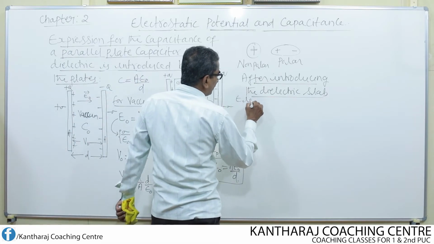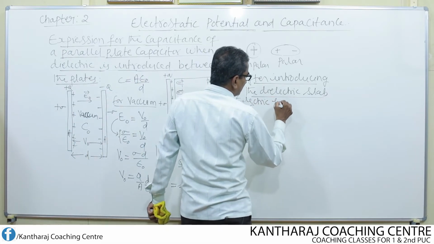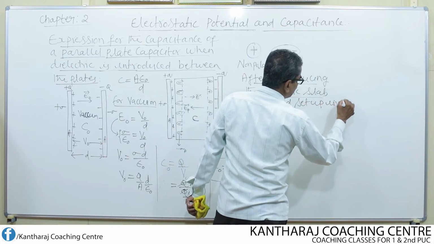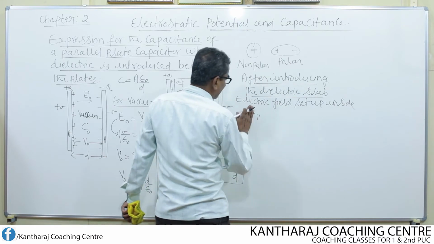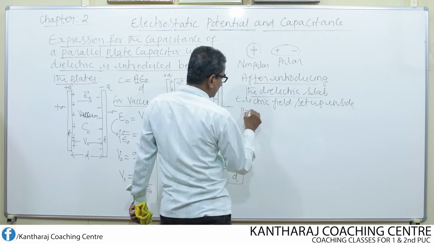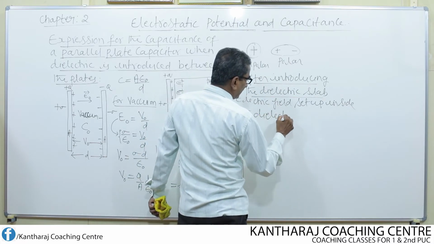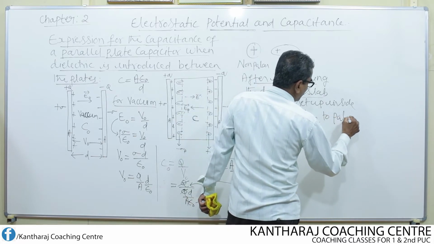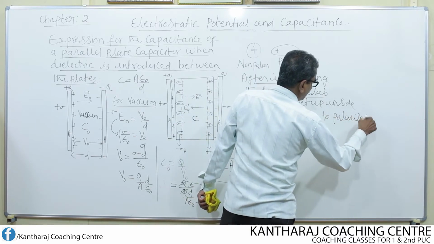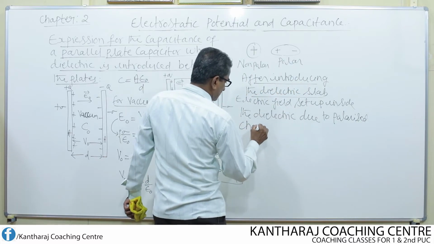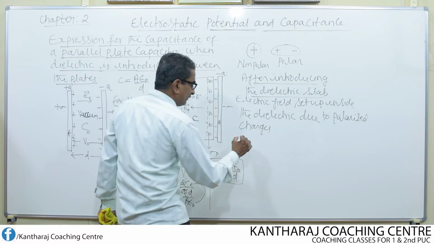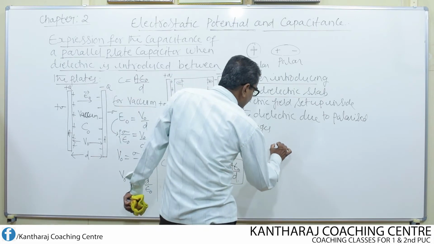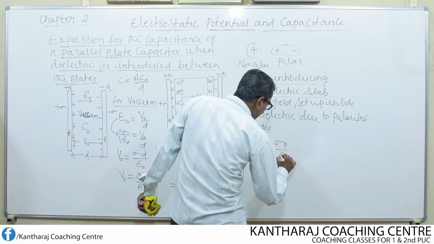So, the electric field set up inside the dielectric due to polarized charges is given by EP equal to sigma p divided by epsilon naught.